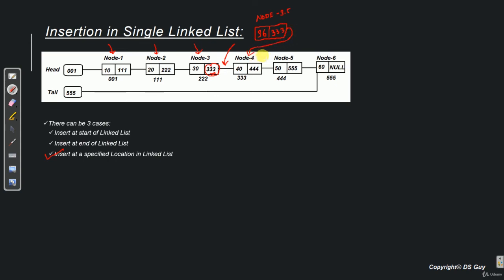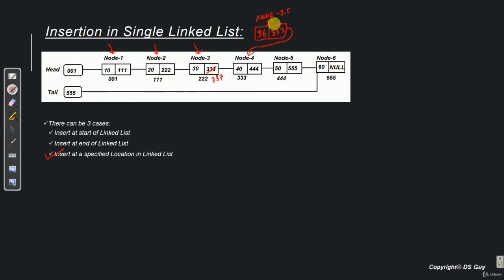Now once this link is created, the next step is we have to disconnect node 3 and 4, and establish a link between node 3 and node 3.5. For that, all we have to do is update the reference of node 3 to, let's say, 337, which is nothing but the address of node 3.5.